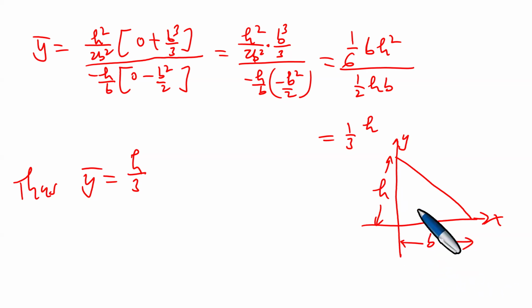Then we are able to find the centroid of this particular right-angled triangle. The centroid is going to be h over 3 in the y direction, and b over 3 in the x direction. So these become the coordinates of the centroid.